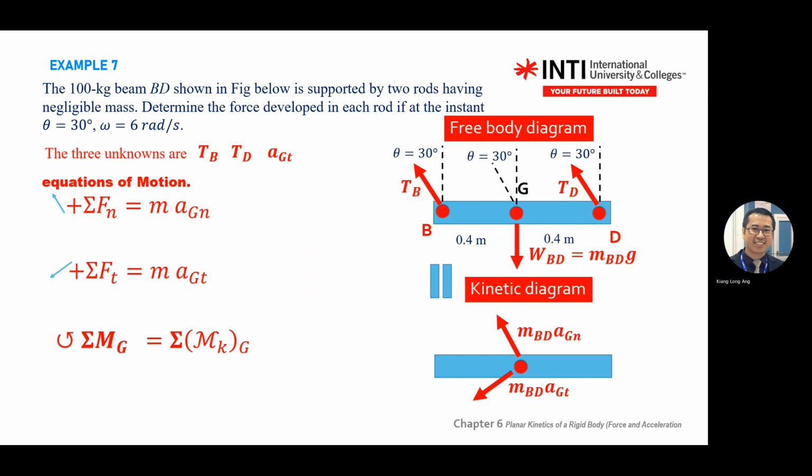What is the equation you have for free body diagram? Anti-clockwise positive. Moment at G for free body diagram equals moment at G for kinetic diagram.